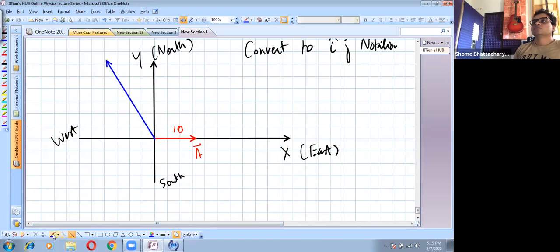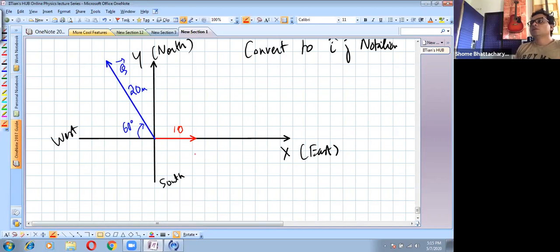So this should be my vector Q. Magnitude is 20 meters. But more importantly, this angle is 60 degrees. This is what we mean by 60 degrees north of west. That means from west you are turning towards north by 60 degrees. Okay. And just a small correction, the earlier one was the vector P.